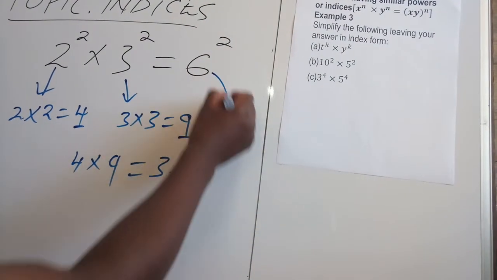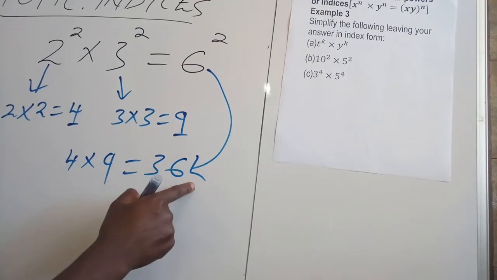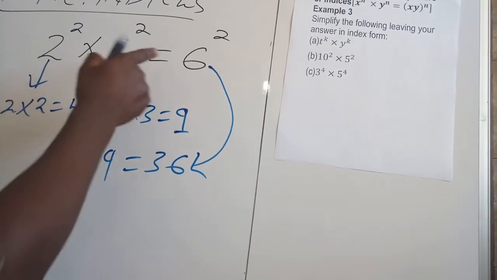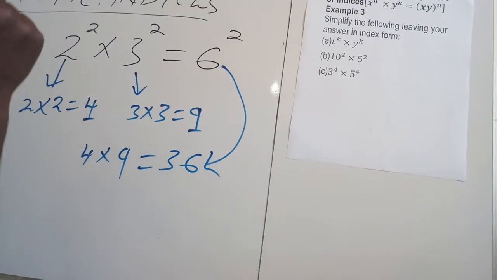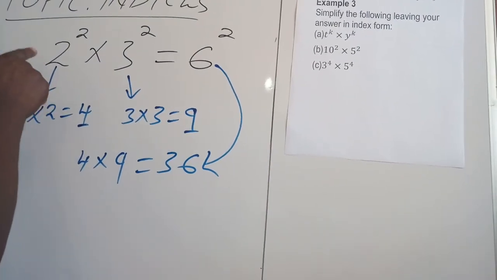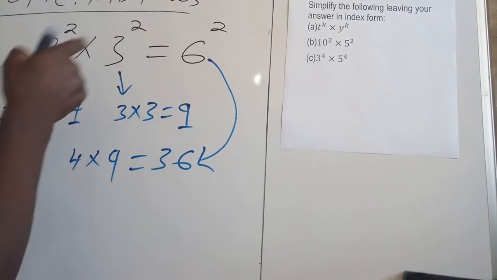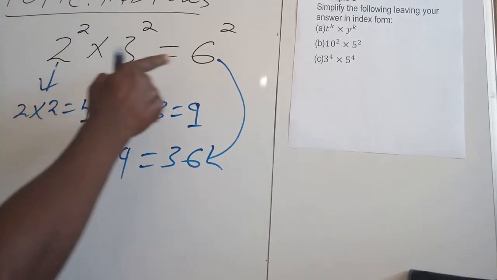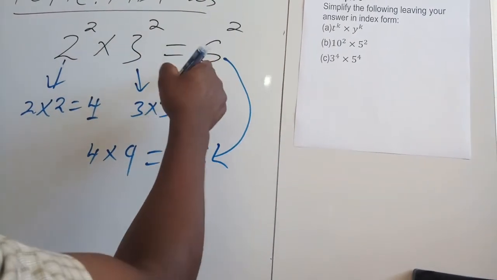If you are keen, 6 squared will also give you what? 36, meaning this is a valid law. So what are we saying? Whenever you are given a case of multiplication of numbers to a similar power, multiply the bases, let the product you get assume that similar power.